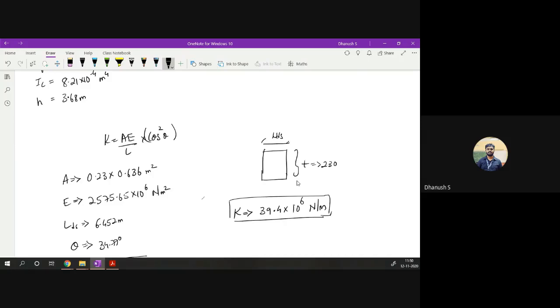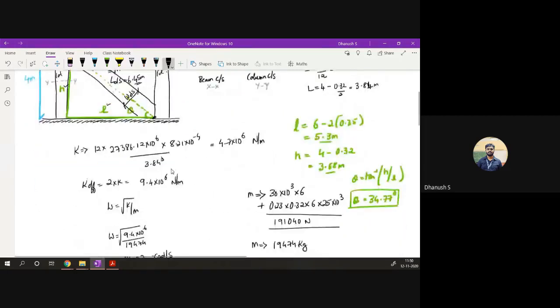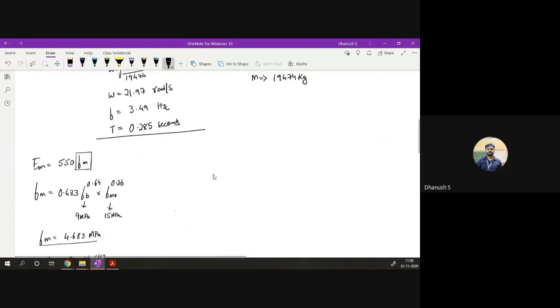Let me call this K due to masonry. We already had the K due to the columns. What was the value that we got? 9.4 into 10 raised to 6.